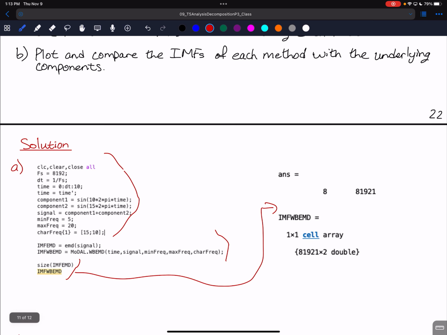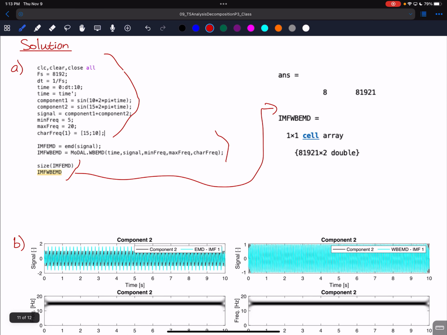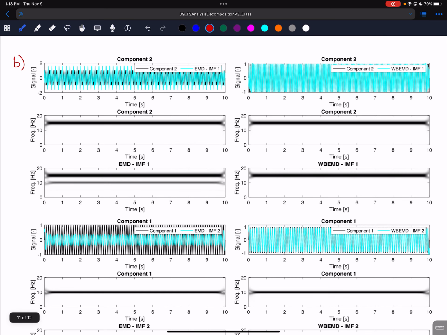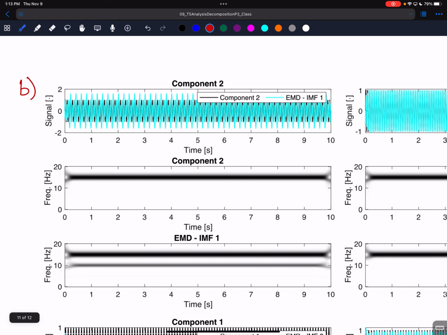Okay, let's take a look at what the IMFs themselves look like. So I started with that second component because the first IMF here represents the high frequency content. We'll just zoom in here. You can see the first component shown there, high frequency in terms of the wavelet, and in the wavelet transform of that IMF, you'll see clearly that there is mode mixing.